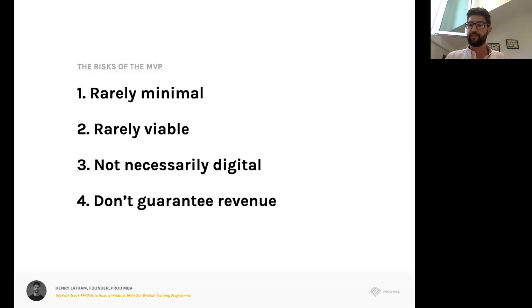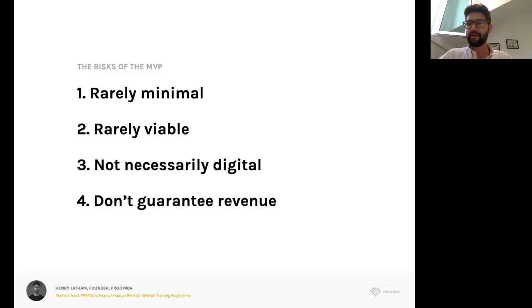For example, say we want to build an MVP of an AI tool. It's going to take years. You need massive data. So in many cases, teams are thinking about what's the minimal version of the full solution rather than a minimal solution to solve the problem. So the thinking's wrong, and it tends to really stretch out this timeline.